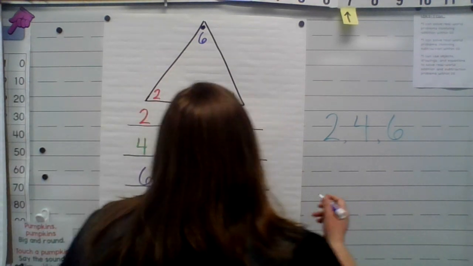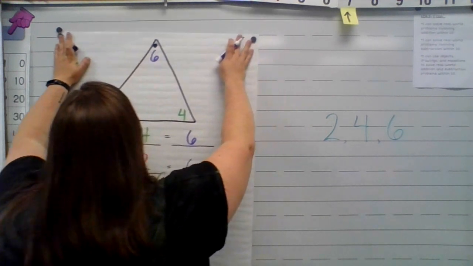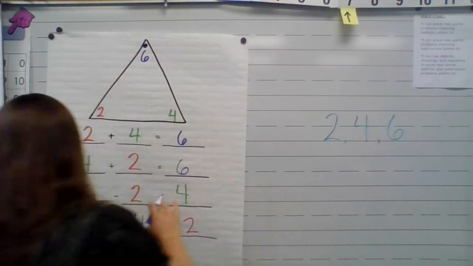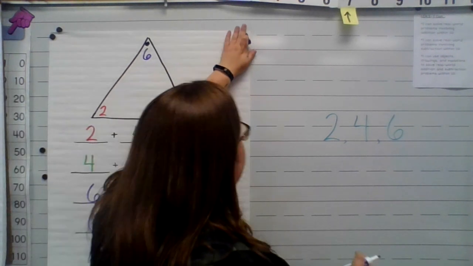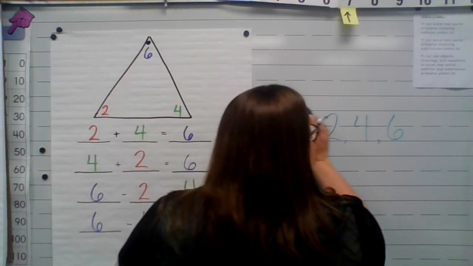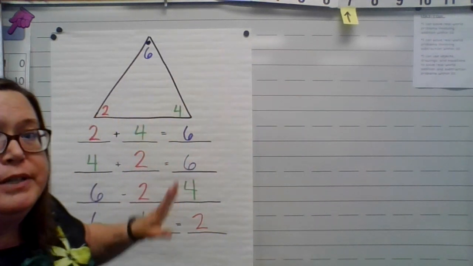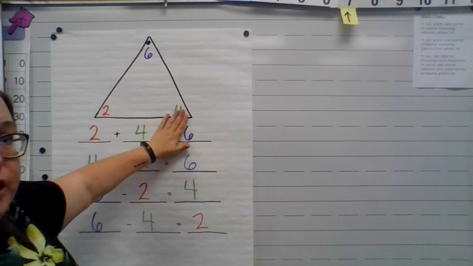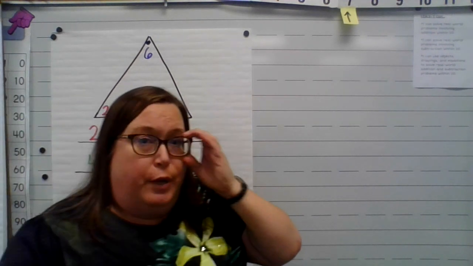So I'm going to scoot this over a little. Can you still see it? Yeah, pretty well. Okay. And then I'm going to erase that. We don't need to see that anymore because we know the numbers that are in the fact family, 6, 2, and 4.